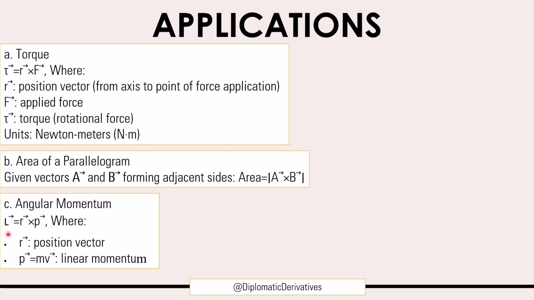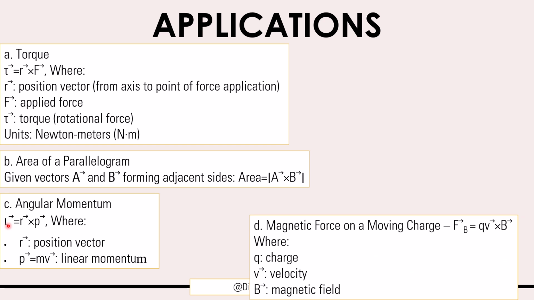The definition is L equals r cross p, where r is a position vector and p is the linear momentum, which is mv. From this you get a vector, which is angular momentum.